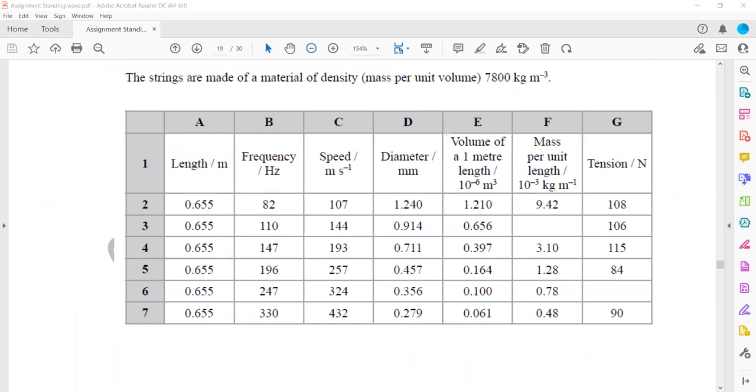What is cell E3? Cell E3 is basically the volume of 1 meter length. So we want to calculate this E3. How can I calculate the volume of 1 meter length?